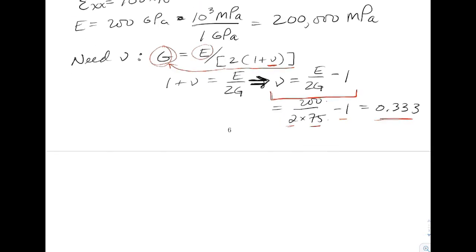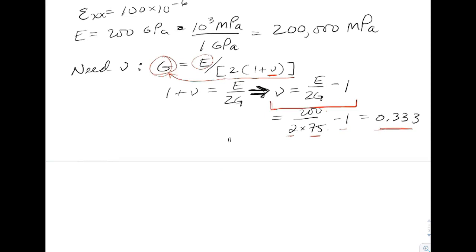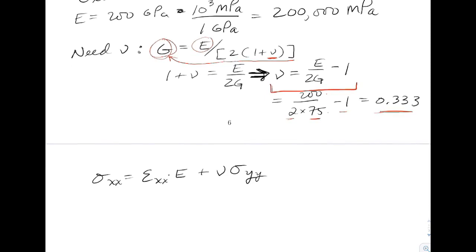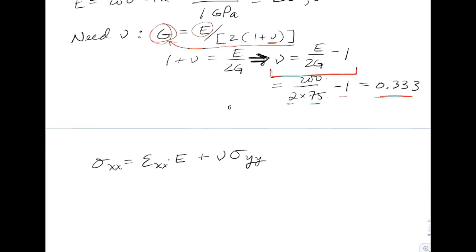We'll just go back to the equation for sigma XX. Just write that again. So now everything is known. So we'll just go ahead and put all those numbers in. Known, known, known, and known.